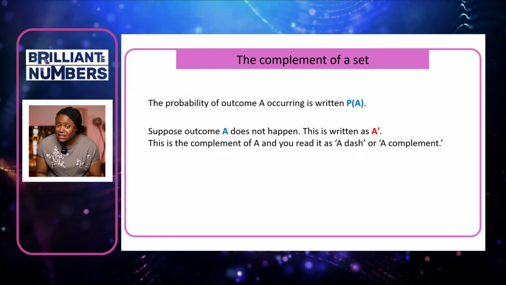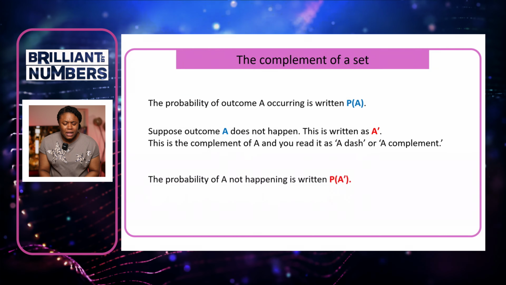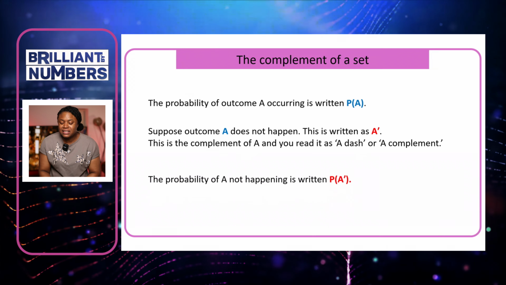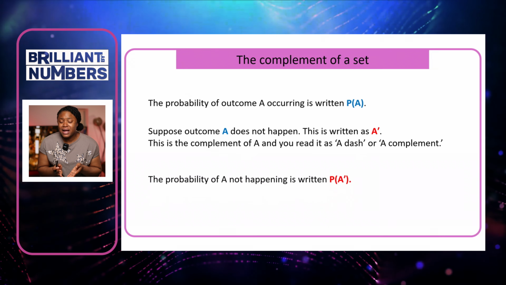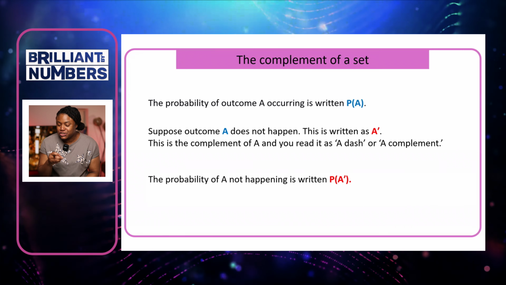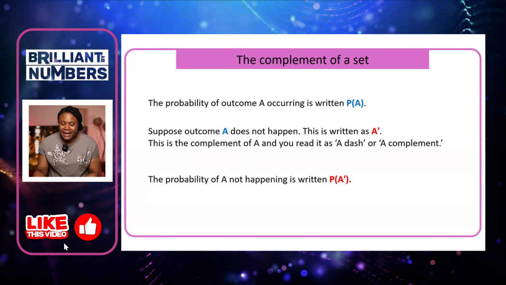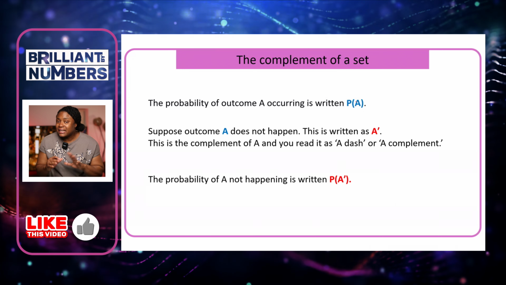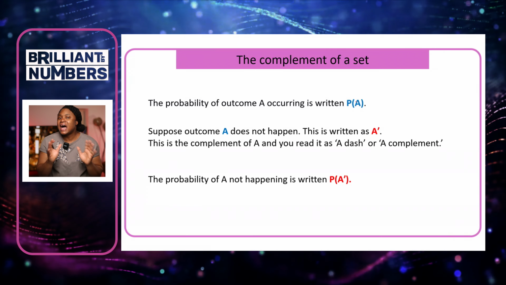So importantly to note, the complement of a set is any member or element that does not belong in that set. It's not a part of the set at all. So the probability of A not happening is written as P, and in bracket we put A dash. So whenever we see probability of A, we are asked to list the outcomes of A happening.